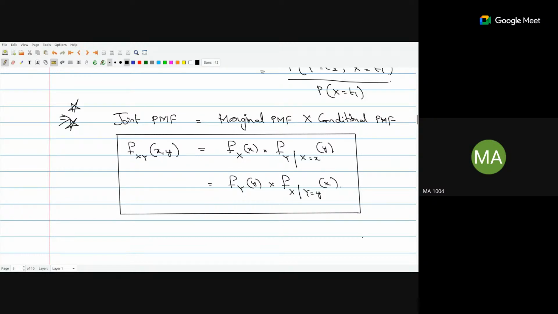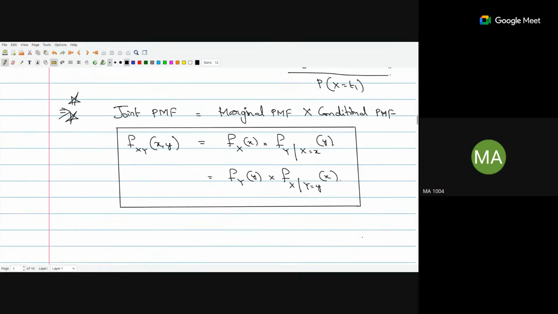If you know just the joint PMF, you can compute the marginal as well as the conditional. But if you know only the marginal, it is very difficult to compute the conditional and joint. Same goes for the conditional: if you just know the conditional PMF, you cannot compute the marginal and joint. Only the joint PMF has that power. And if we know the marginal and conditional, then we can compute the joint.